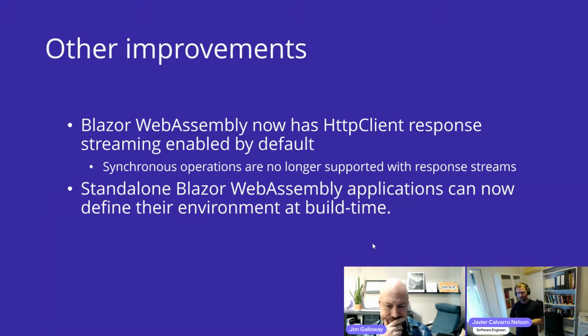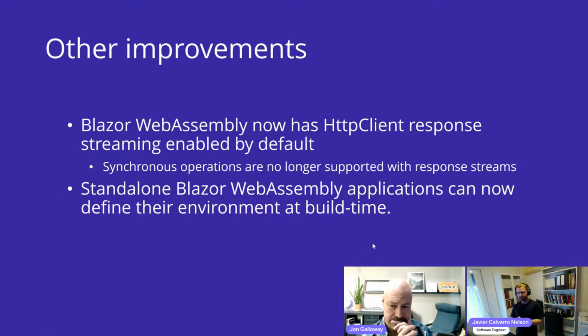On WebAssembly, we have now enabled response streaming by default. This means that, for example, if you are downloading a very large response, you don't have to buffer all that response in memory. You can consume chunks of the response as they are coming down, and that helps a lot with the memory on WebAssembly applications.